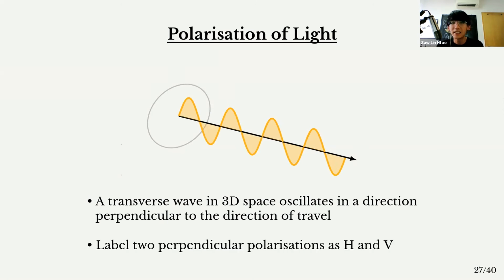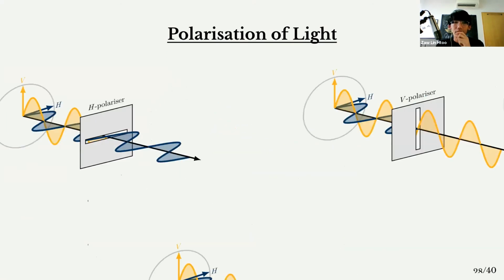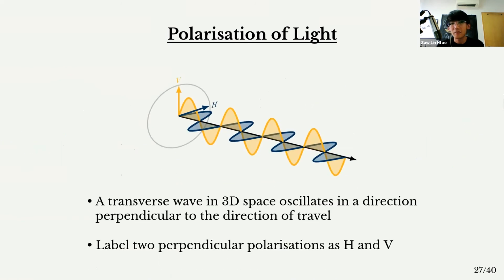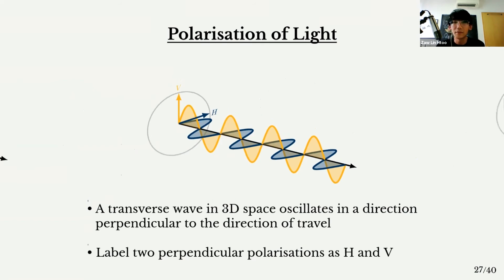And so it's helpful to look at these two polarizations, and we can label the blue one as the horizontal polarization and the orange one as the vertical polarization. This label is arbitrary. We can label it any way we want, but once we label it, we have to stick to it. Okay.